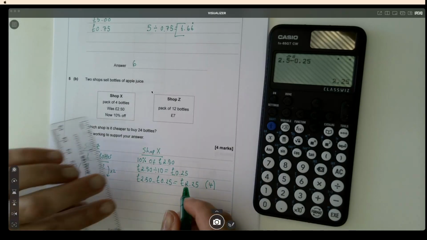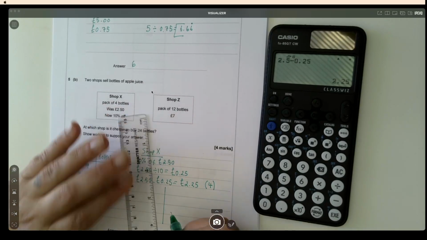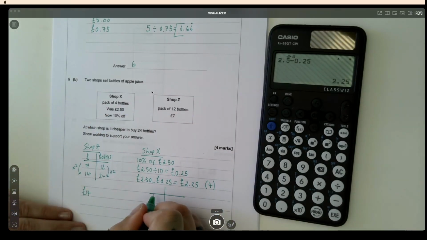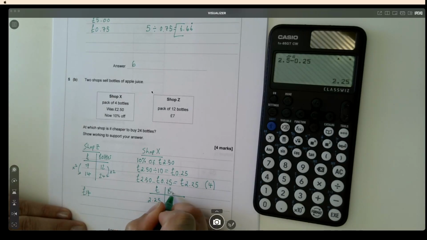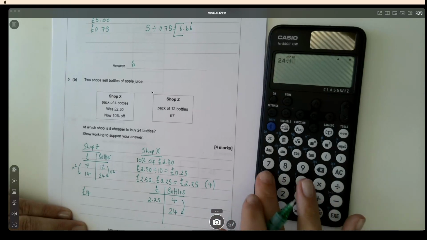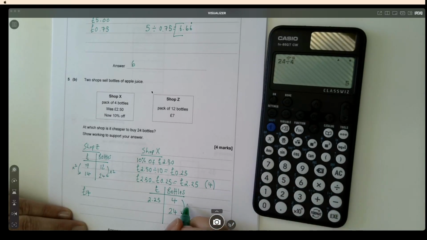So if we're doing a proportion table again, for £2.25 we get 4 bottles. We want 24. 24 divided by 4 is 6, so we would times by 6.